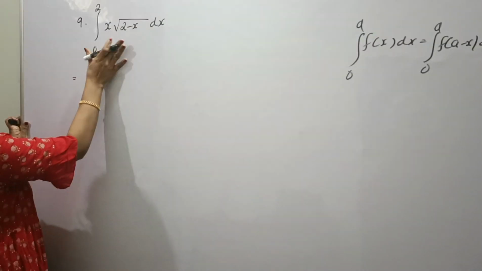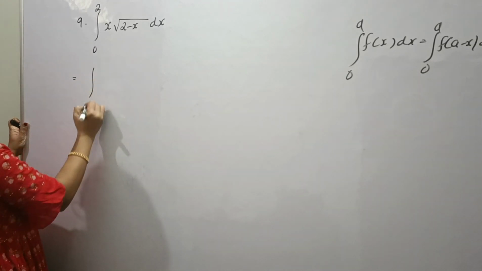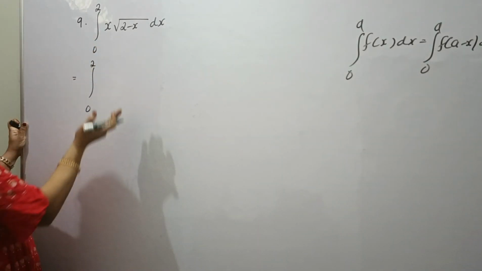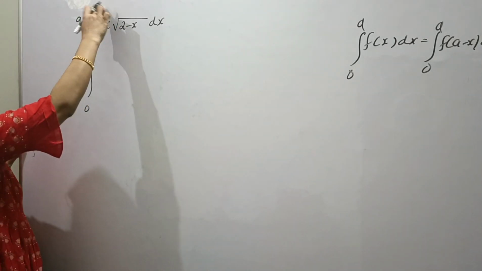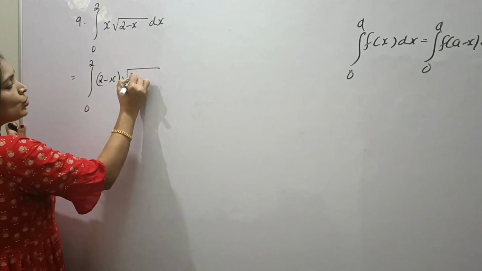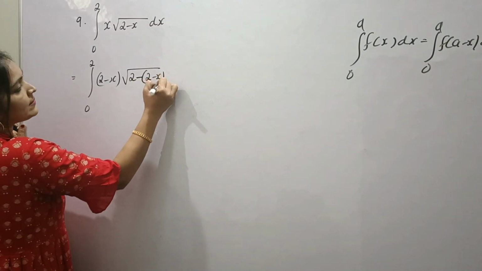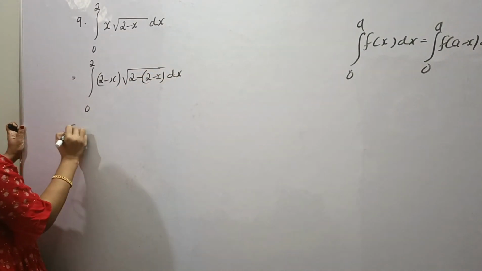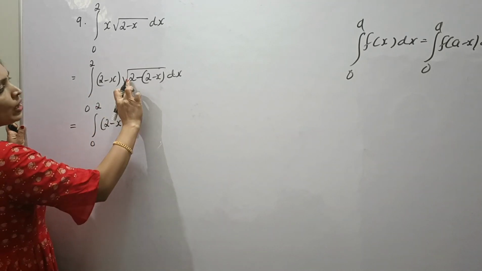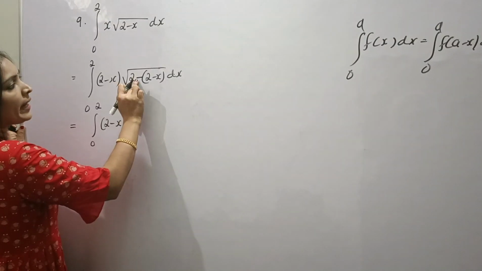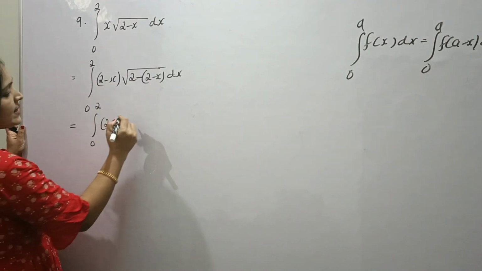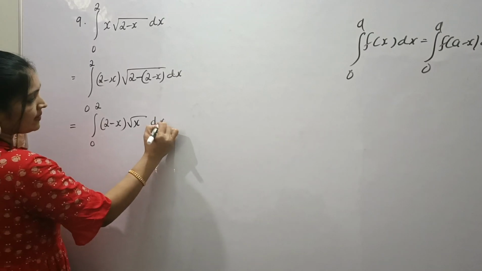So this integral is equal to integral 0 to 2, in place of x we will write 2 minus x, where a is 2, so 2 minus x into root of 2 minus x dx, right? That is equal to integral 0 to 2, 2 minus x into, 2 minus 2 cancelled, so minus minus becomes plus, so here it will be only x, so root x dx, right?